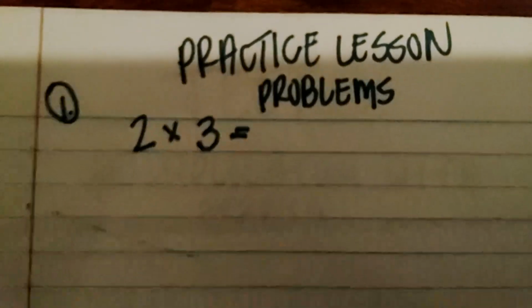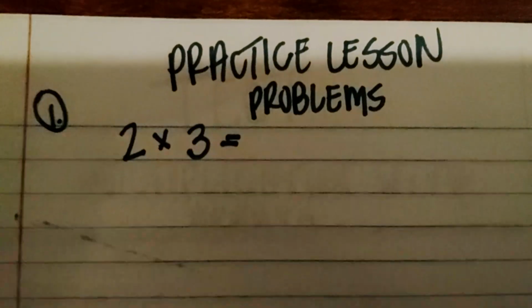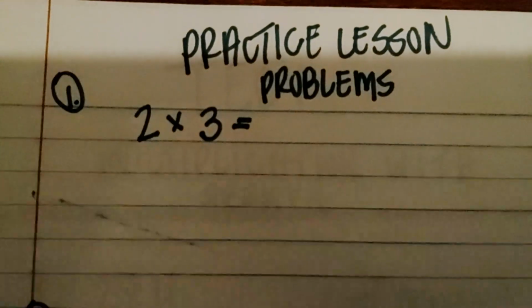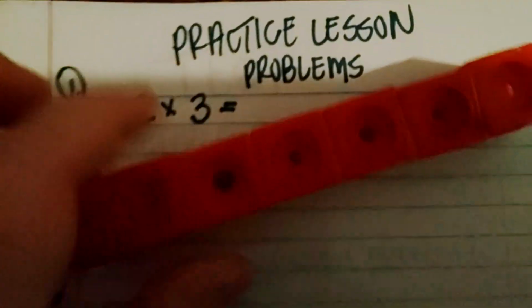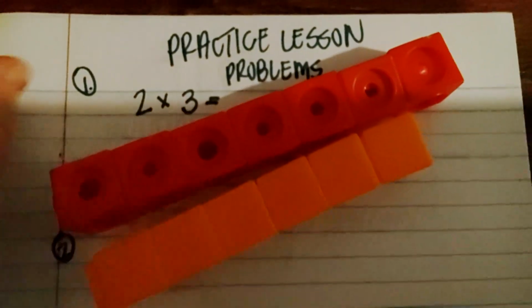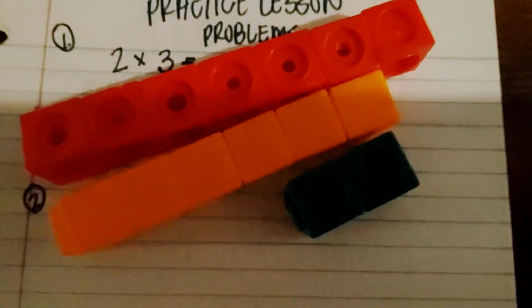Okay, now there's 2 ways that you can do an array. If we were at our scavenger hunt spots, you will have these all around the room in each scavenger hunt spot, okay?